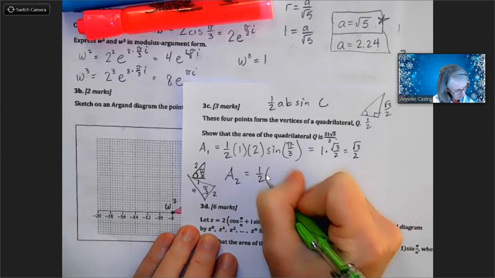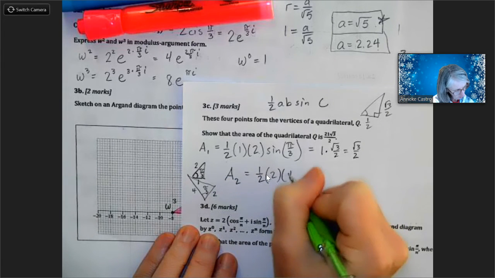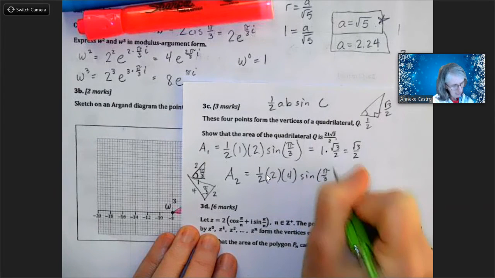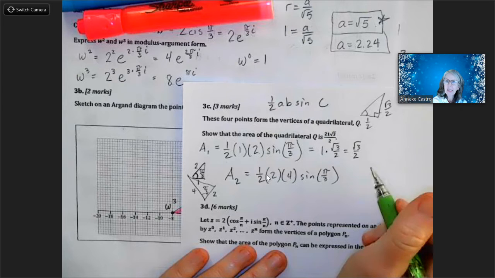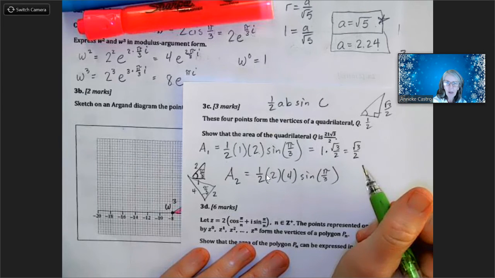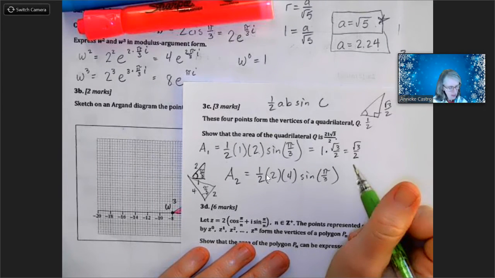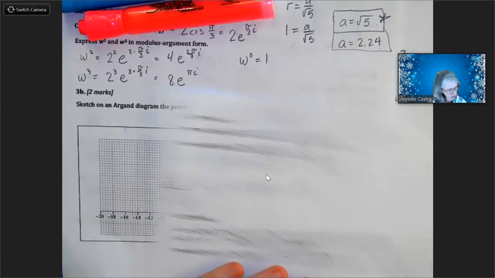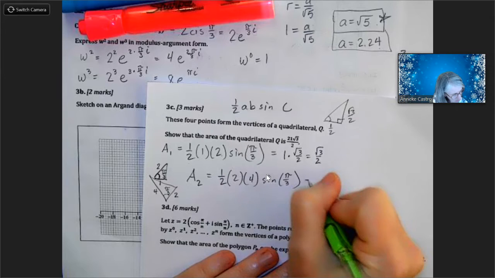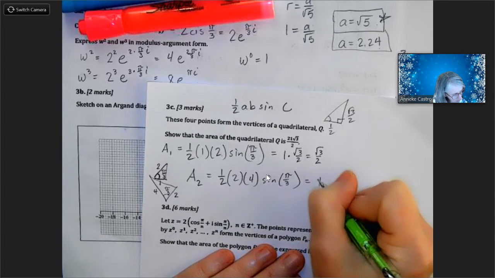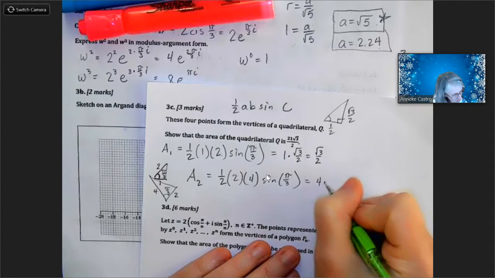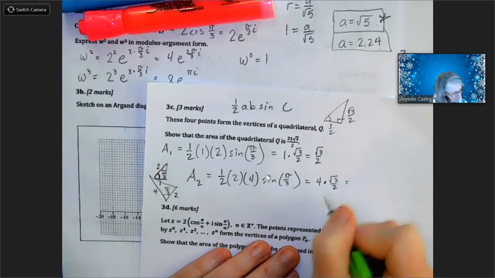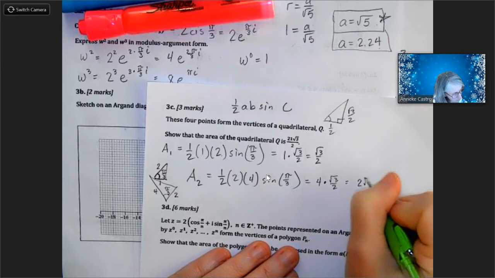So 1/2 times 2 times 4 times sine of pi over 3, because that is the nature of when you take an imaginary number and raise it to a power, the rotation in between each one is the same. So it's pi over 3 again. Okay, so if I simplify this, I get 4 times, again, square root of 3 over 2. And I can reduce that. That gives me 2 root 3.